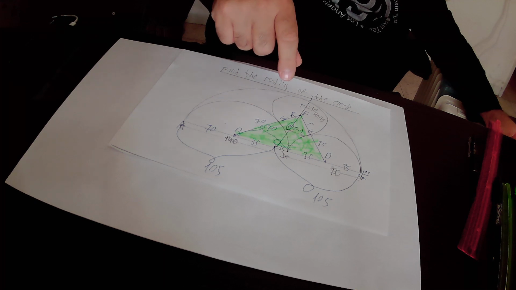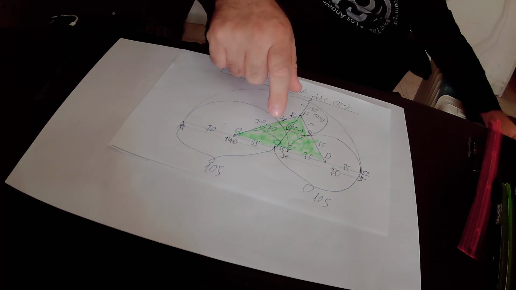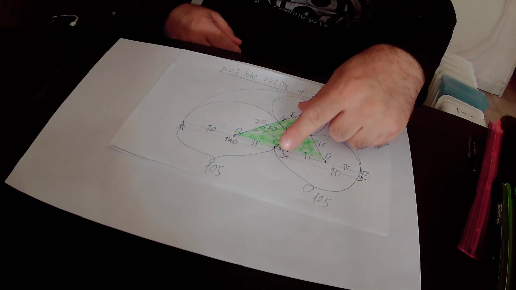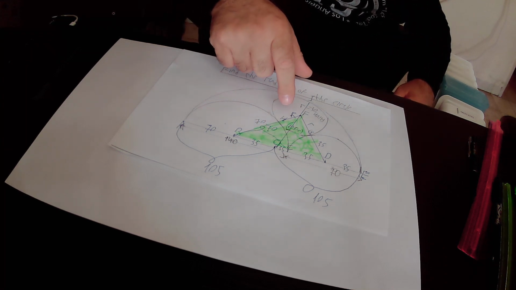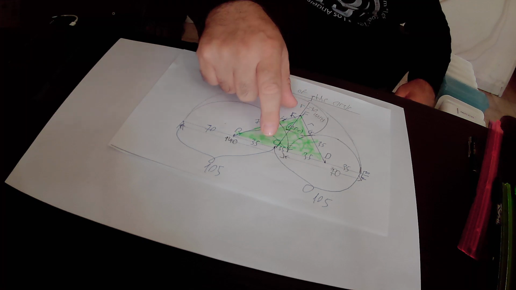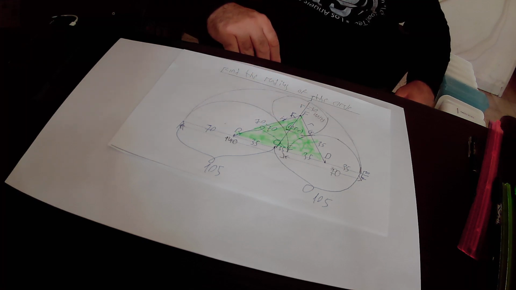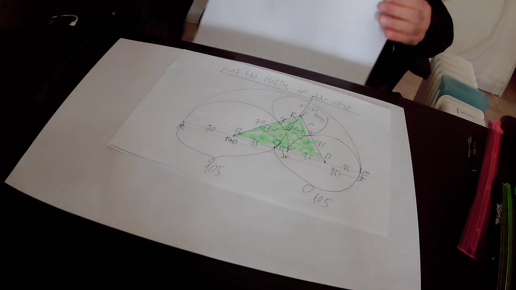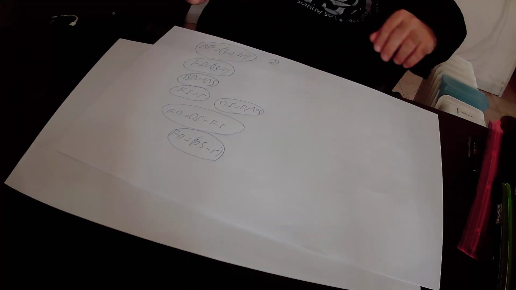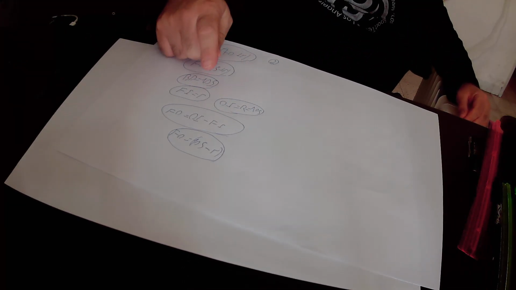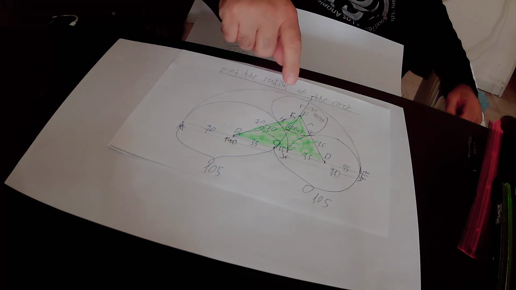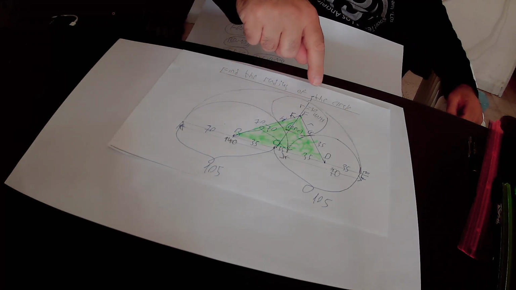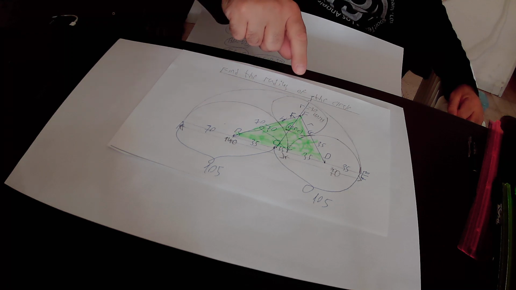So, therefore, FO equals IO minus IF. IO equals 105 units, the radius of the biggest semicircle.